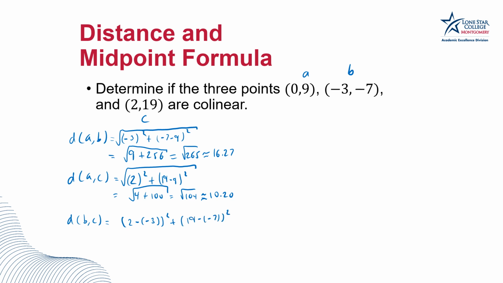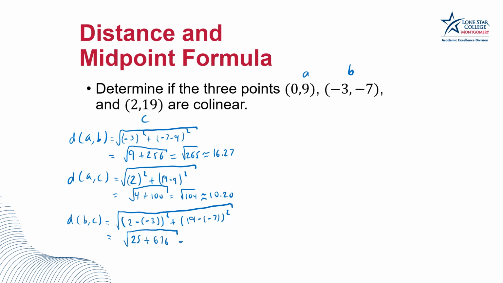And that's still squared, all under square root. So 2 plus 3 is 5. 5 squared gives us 25. This one might give us a big number. So we have 19 plus 7, that's 26. And then 26 squared gives us 676.